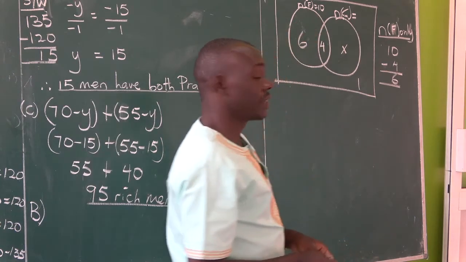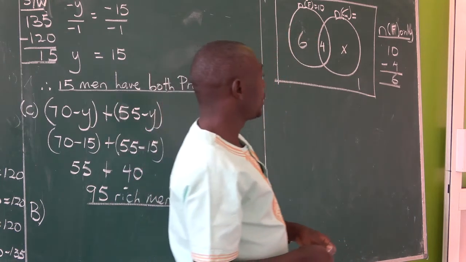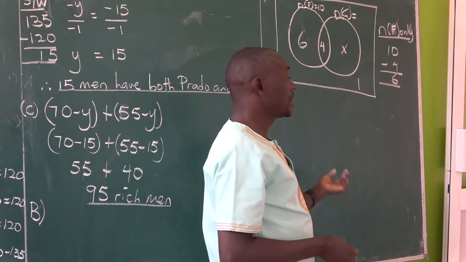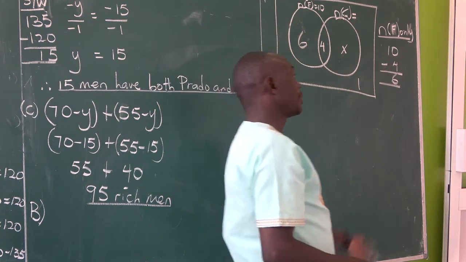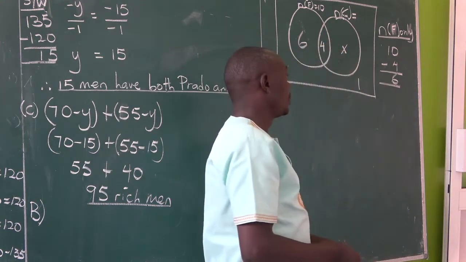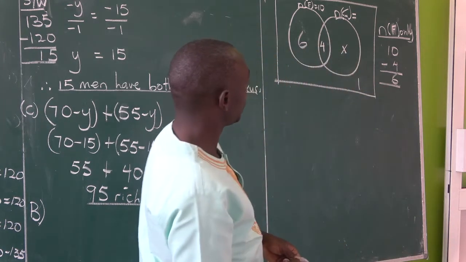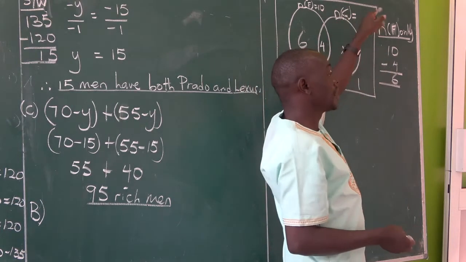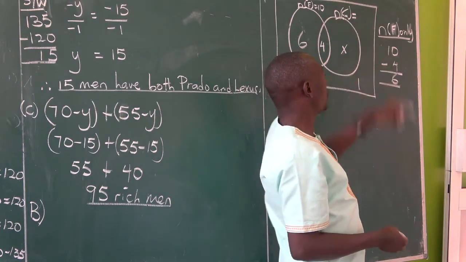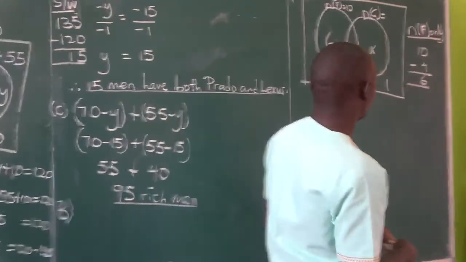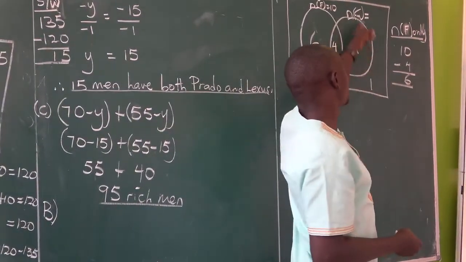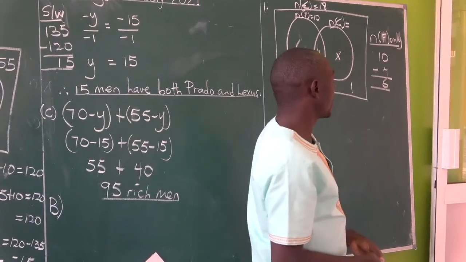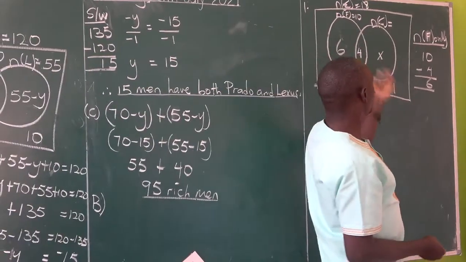You are allowed to write 10 minus 4 directly, but why not let the examiner subtract for you? 10 and 4 being like terms, they can be subtracted or added. So why don't you subtract and write a 6? And now, the number of elements in set C, being the outside one, is shown by addition of whatever is inside the set C. We have 4 members as well as X members, so we add them together.